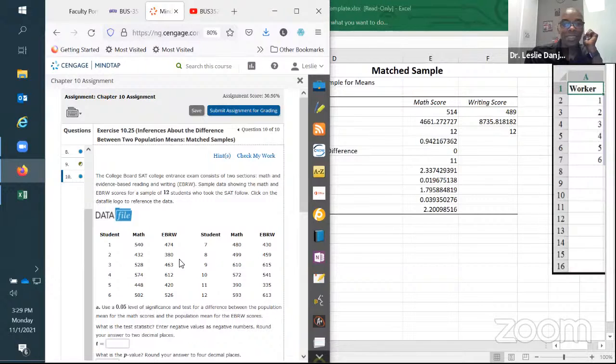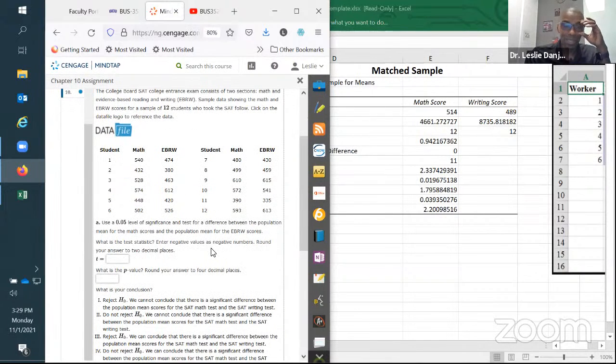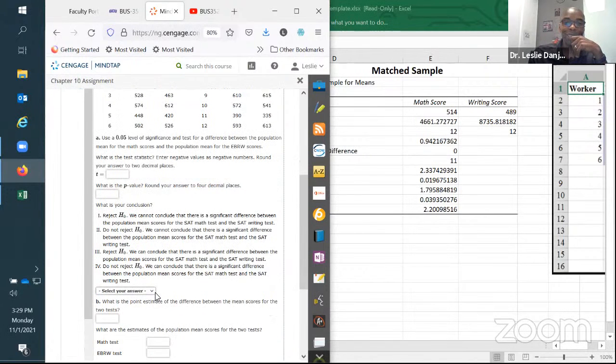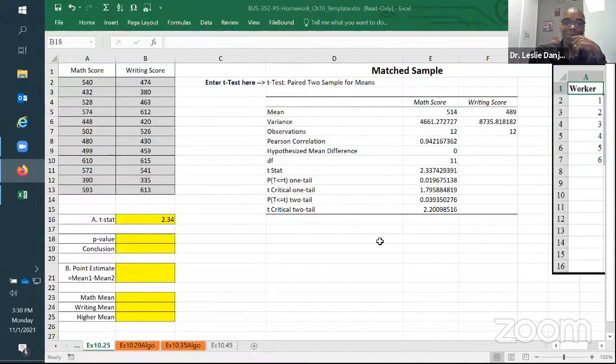I'm just scrolling through, browsing. P-value, round off decimal place. The test statistic, enter the negative number. Good. I just don't see anywhere that says less than or greater than or any of that.